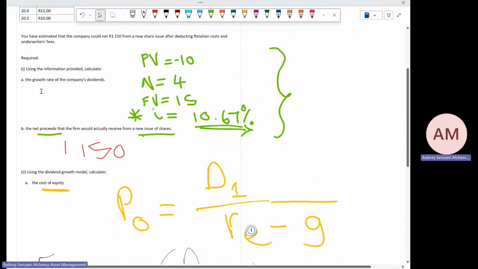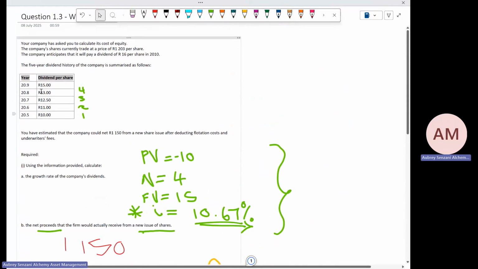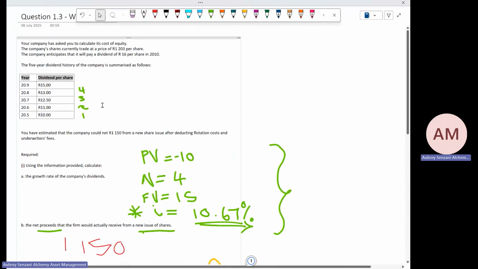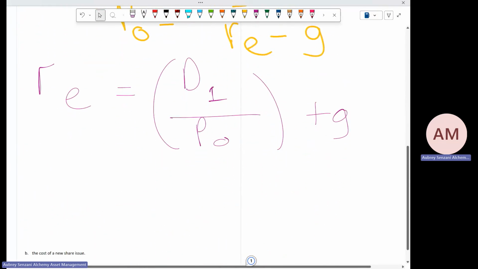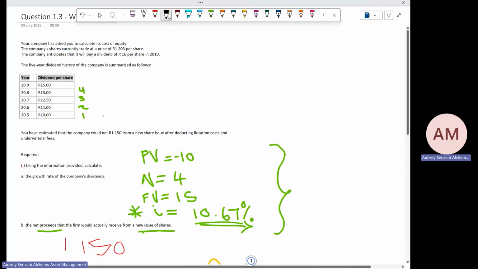So D1, okay, in this case is the expected dividend. They told us the expected dividend in 2010 is what? 16, okay, so we don't need to calculate it. We've been given that value. So 16, then divided by the price. The current price of the share is, did they give it to us?